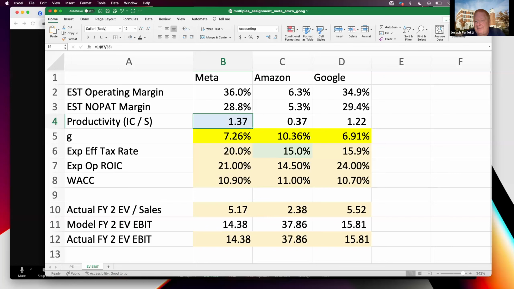Questions about any of that? Yeah, I have a question about these. This is really interesting. The ratio of EV to sales versus EV to EBIT, and how they yield different results with respect to Amazon.